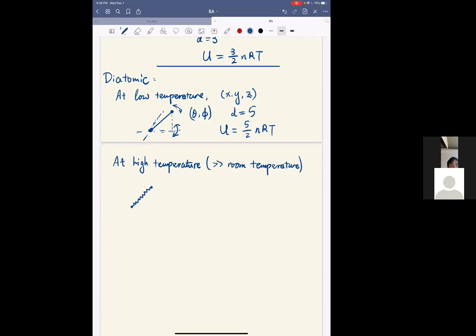In that case, there are extra degrees of freedom because the 2 atoms could oscillate on the 2 ends in the radial direction. And surprisingly, this oscillation introduces 2 extra degrees of freedom.